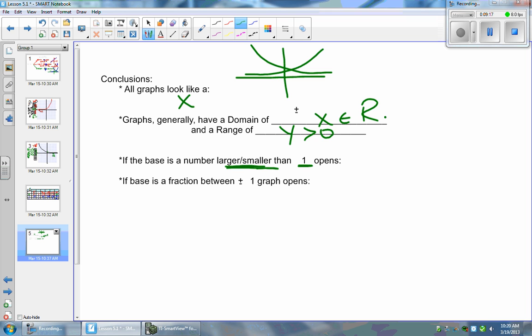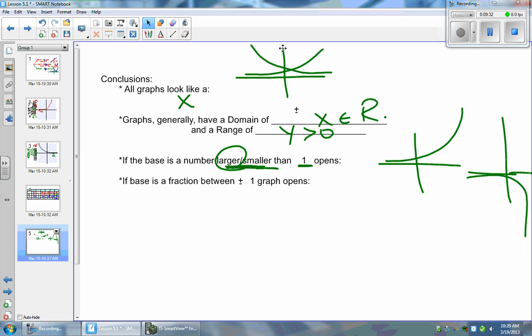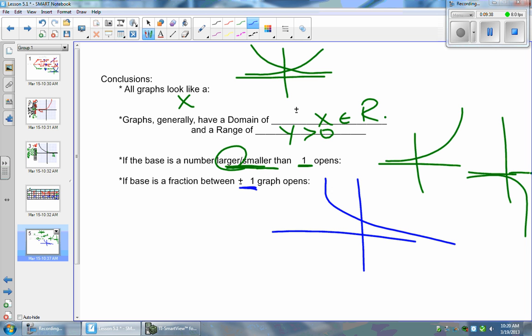Larger than 1, it tells you that it's going this way. Smaller than 1, it's interesting what's going to happen when it's a -1. It's actually going to look a little bit like that. But if your base is between plus or minus 1, check this out. You're going to have a graph going this way or a graph going this way.